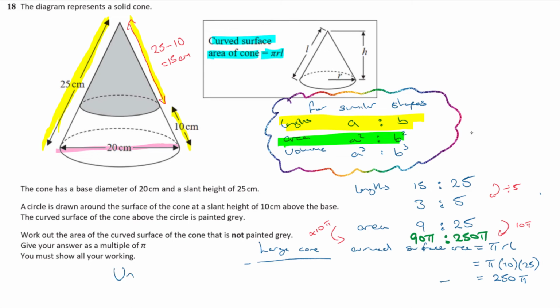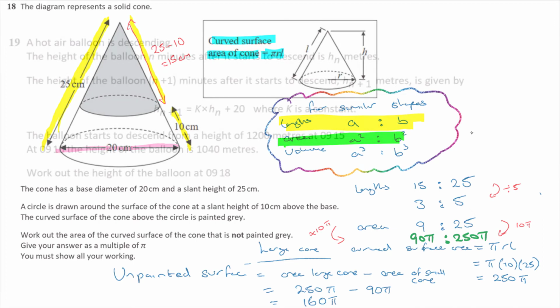So therefore the unpainted surface is going to be the area of the large cone minus the area of the small cone, which is equal to 250 pi minus 90 pi, and that is 160 pi. I've given my answer in terms of pi. I think that's it. Question 19.